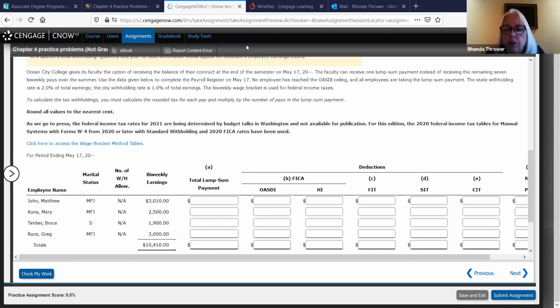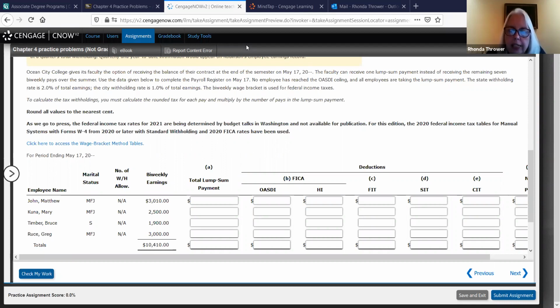So we're doing it based on 3,010 as the number of earnings. We're finding it on one paycheck first, and then we'll multiply what we found for one paycheck by 7 to get the total amount of FIT that was withheld.